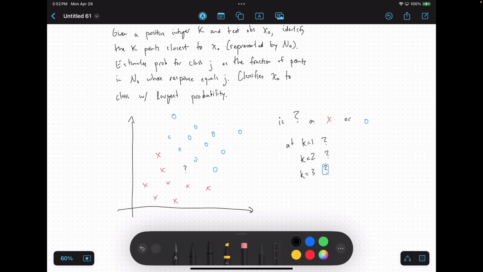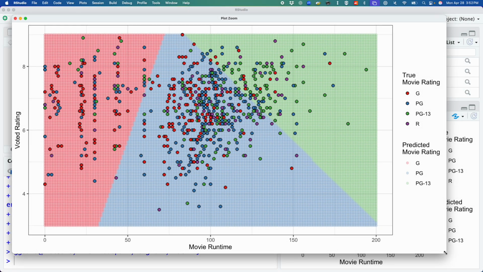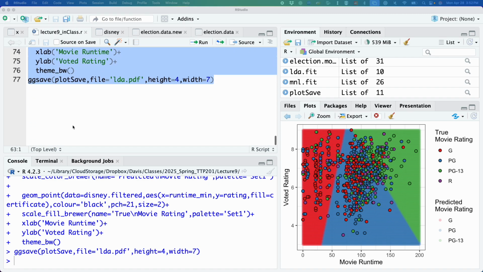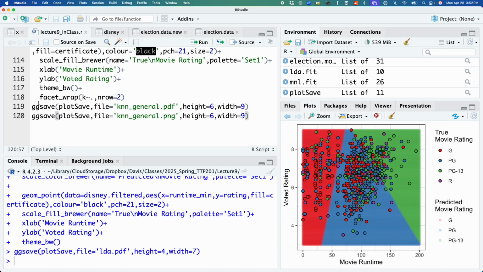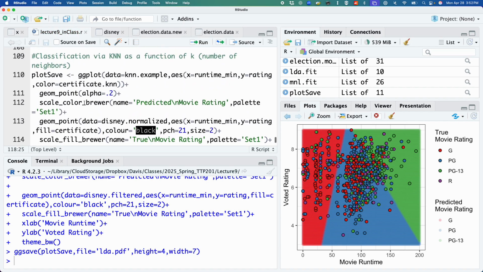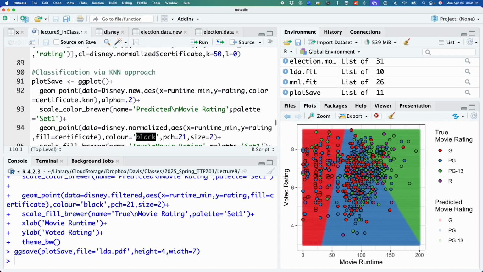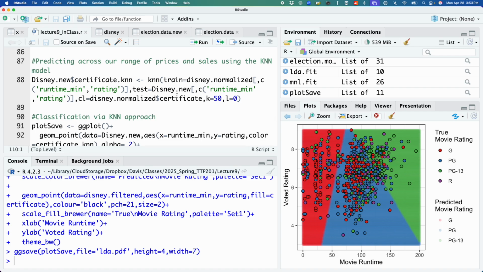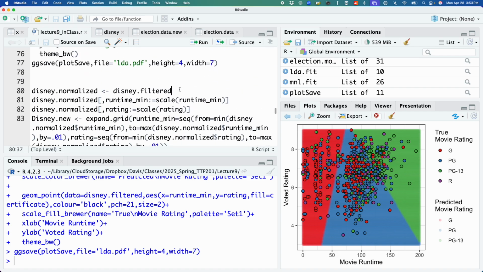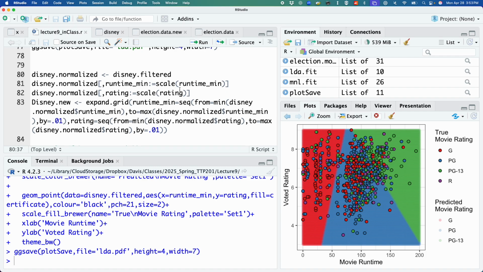Okay, so let's jump back over. Actually, before I even start all of this, for k nearest neighbors, I run through some stuff here where I call the normalize function, and I'm scaling my runtime and my rating before I do any processing.